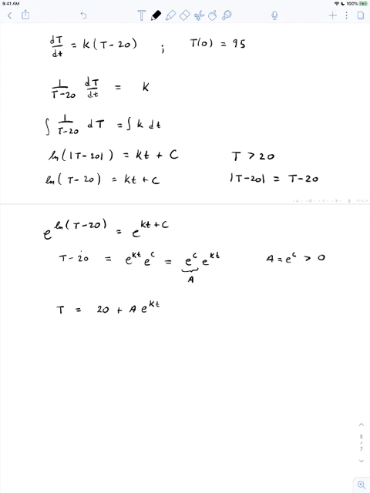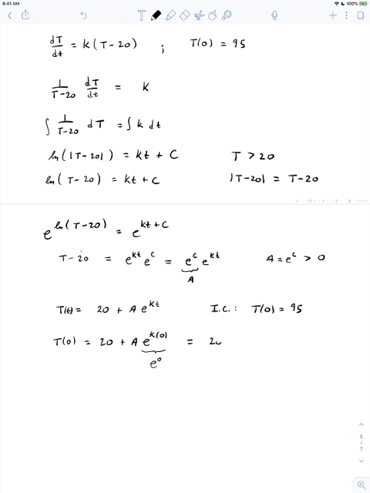But at some point we need to remind ourselves that we have an initial condition here. And that initial condition is that T of 0 is equal to 95. So T of 0 is 20 plus A times e to the k times 0. So even though we don't know what k is, that's fine because k times 0 is 0. So this is e to the 0, which of course is 1.